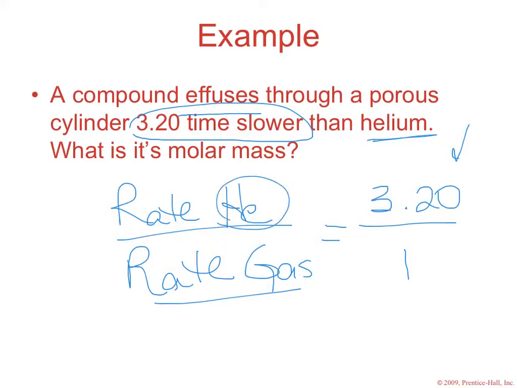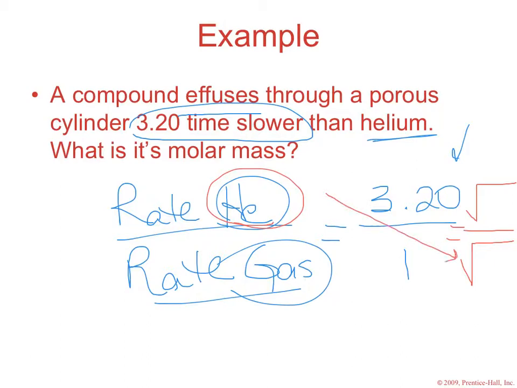What is the molar mass of the unknown gas? Well, let's see. What do we know about the rates? We know that the rates are inversely proportional to square root of the molar mass. Helium's on top here, so I need the molar mass of helium on the bottom. It's 4.